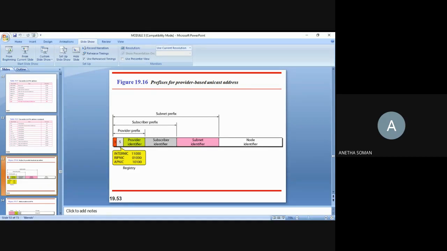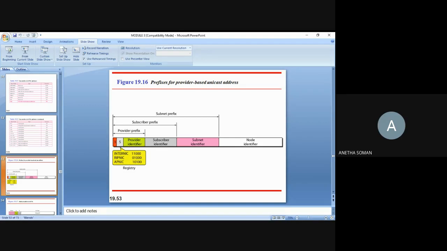Now the second field is called the registry identifier. The registry identifier indicates the agency that has registered the address. This is a 5-bit field.